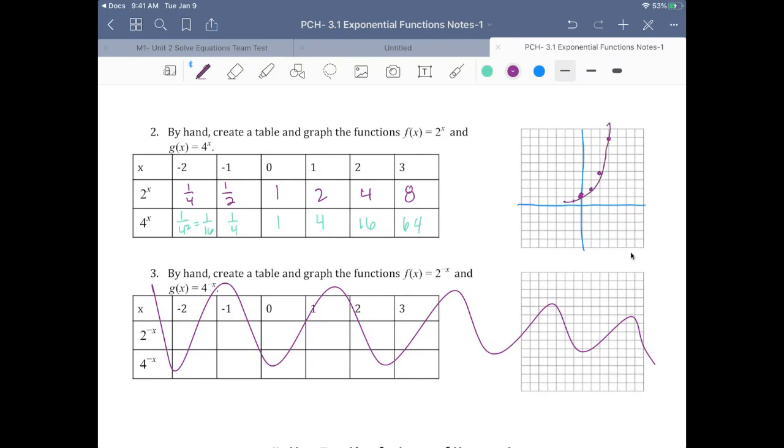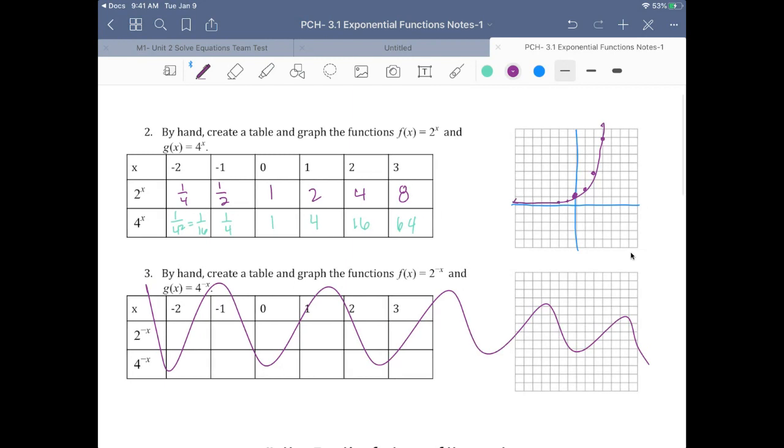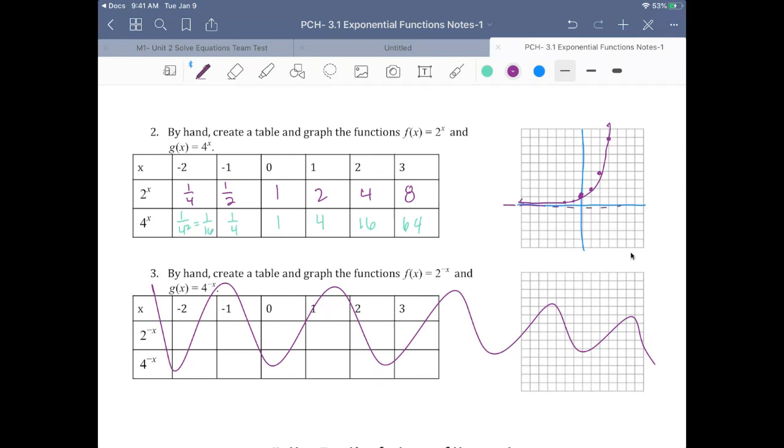And where is our asymptote? Our horizontal asymptote is here at x equals 0. Excuse me, y equals 0. Okay. For the 4 to the x, we again start at 0, 1. And then at 1, 4 to the first power is 4. And then 4 to the 4th power is 16, which is off the graph.